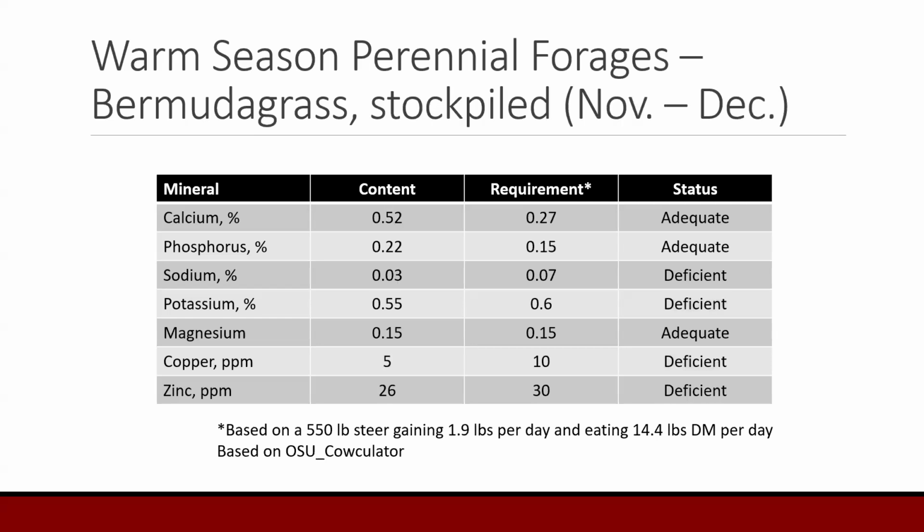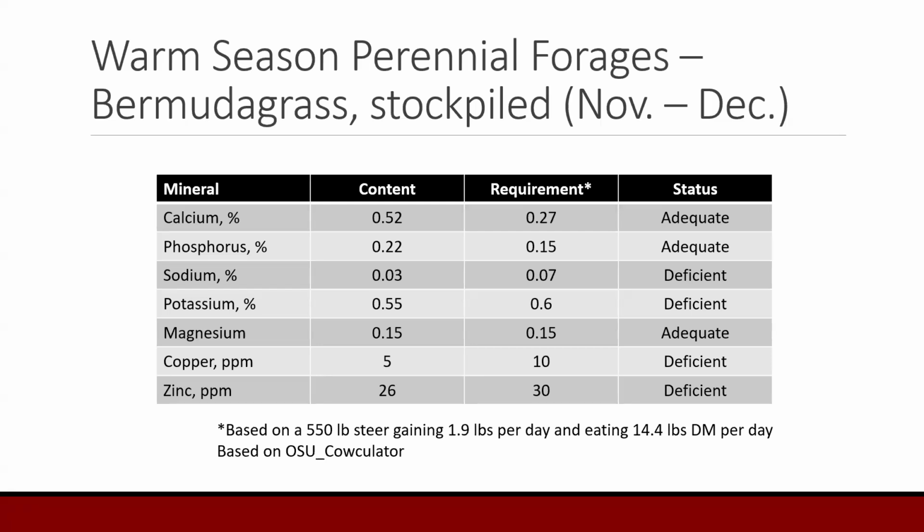Now this is the lowest quality Bermuda grass can be. This is Bermuda grass that was stockpiled, allowed to go dormant, and now we're feeding it to cattle in November to December, so winter.